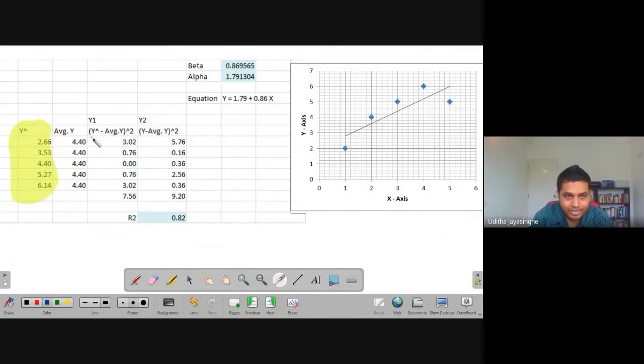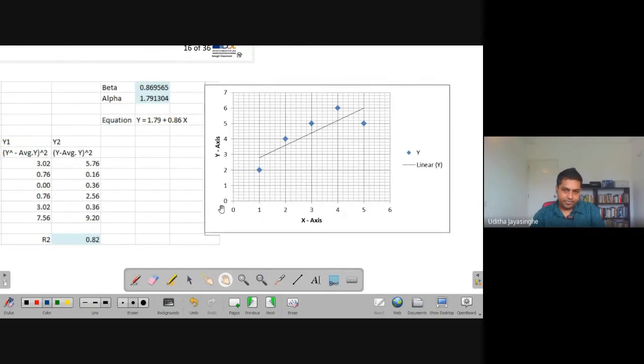So you have the y hat, the predicted y value, minus the average: 2.66 minus 4.4, then you take the square. Once you are taking the squares, all these values are positive. So the answer is 7.56 divided by 9.2, and you get a nice r square value of 0.82.